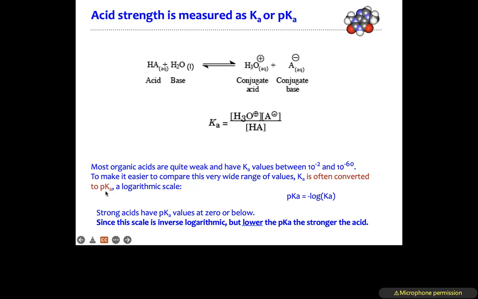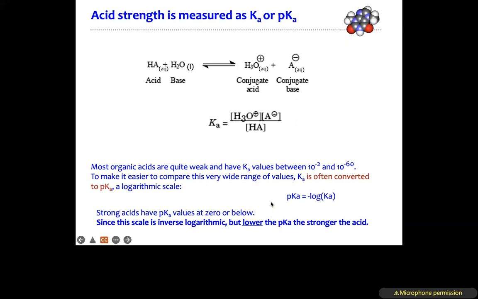The pKa value is the negative logarithm of the Ka value, which we got from the equilibrium expression. Strong acids have pKa value at 0 or below because the scale we use to find the pKa is a negative logarithm, an inverse logarithm.